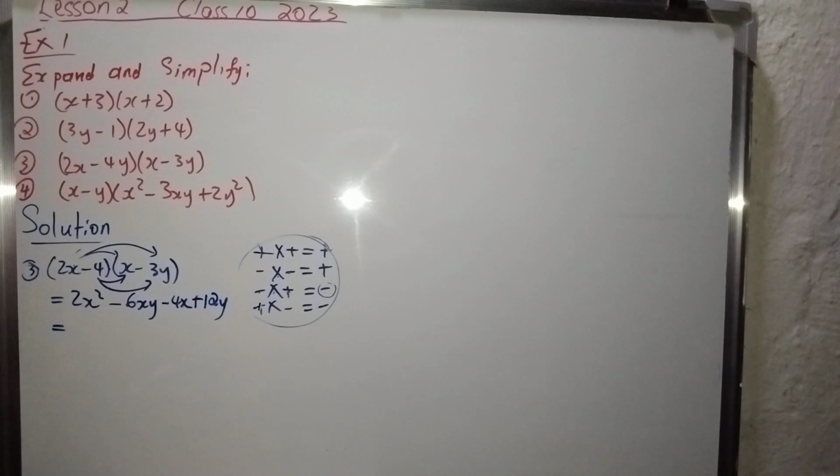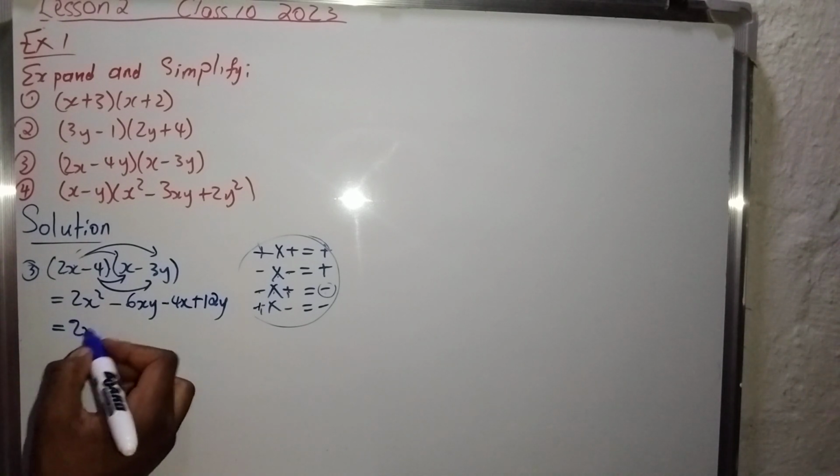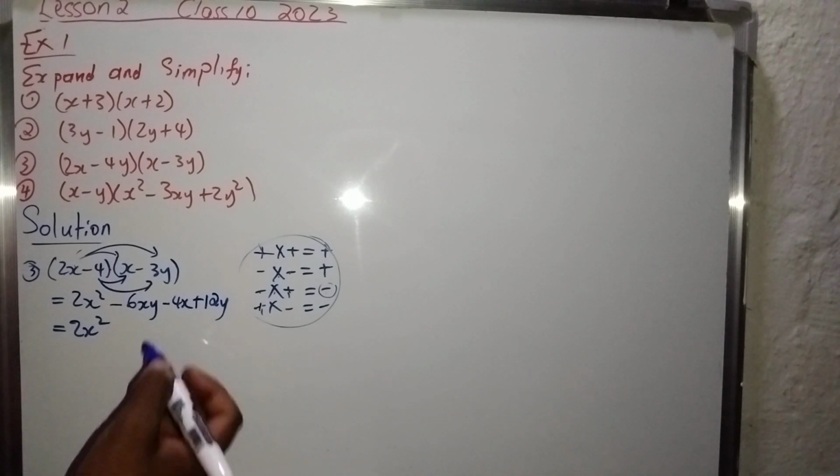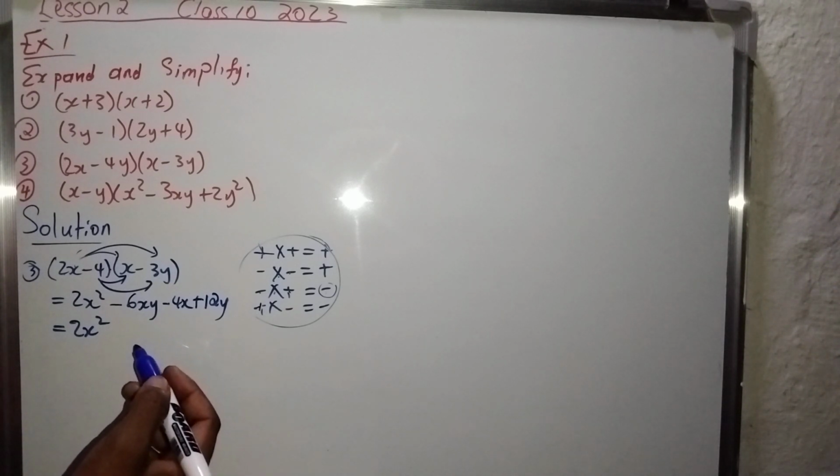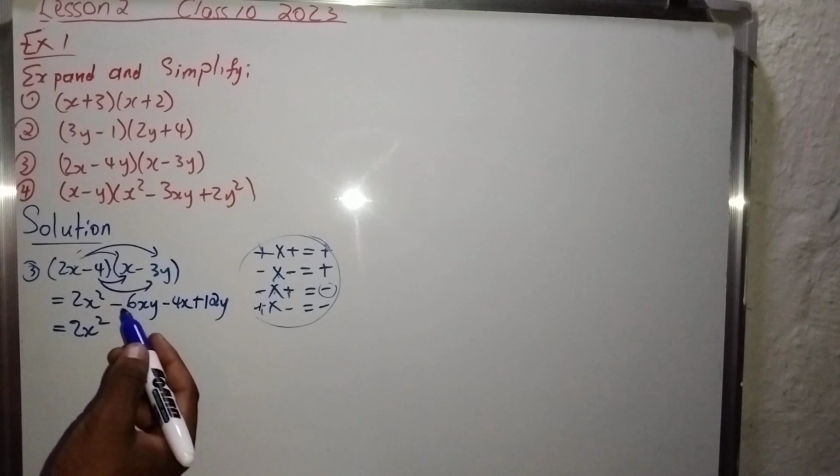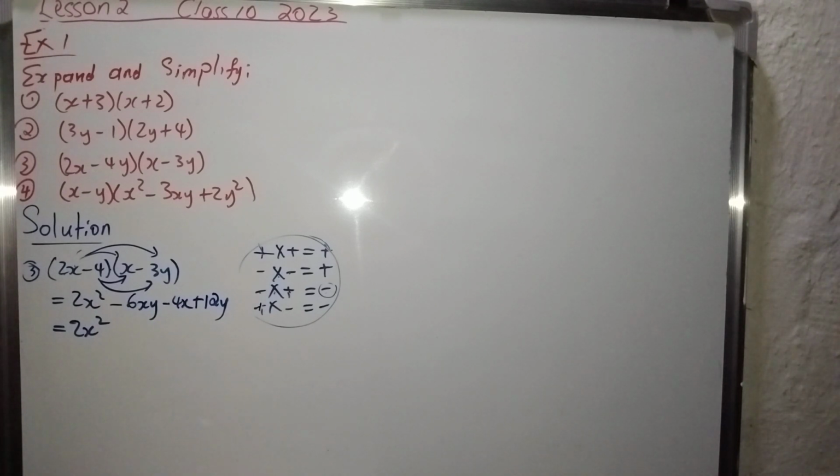Then we also look at the terms that are common. And then we just drop 2x squared. And then we have this is 4y and this is 6y. Now there are no terms here which are common.